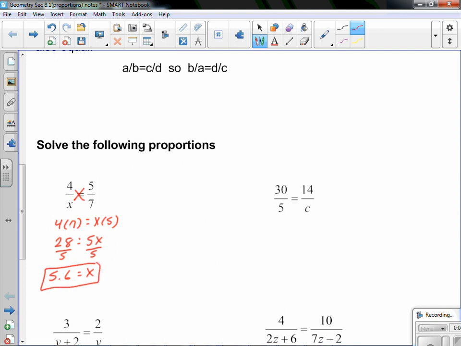So we just cross multiply, which then just gives us a basic algebra problem that we then solve for x. So next one, same idea. Multiply on the diagonals. 30 times c is going to equal 5 times 14.